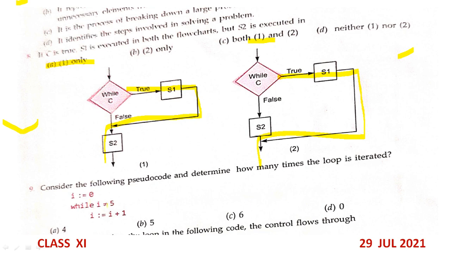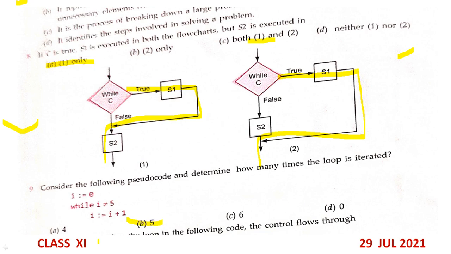So when I is 0, it enters once, 1 enters, 2 enters, 3 enters, 4 enters, but when it becomes 5, it comes out. So you have to count from 0 to 4, 0, 1, 2, 3, 4. That will be totally 5 times. Therefore, your answer will be B here.